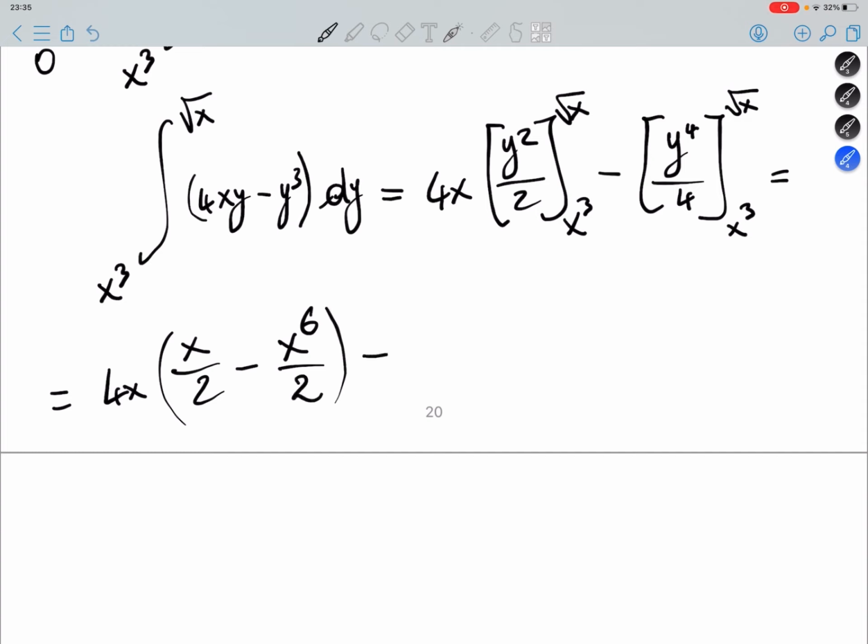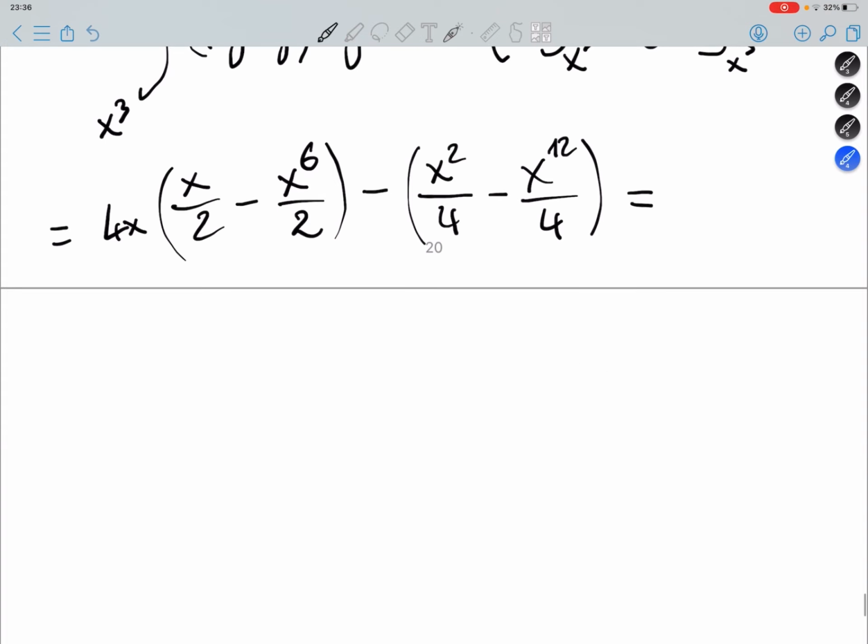Then minus, we do the same here: square root of x to the power 4 is x squared over 4, and then minus x cubed to the power 4, which is x to the 12, over 4.